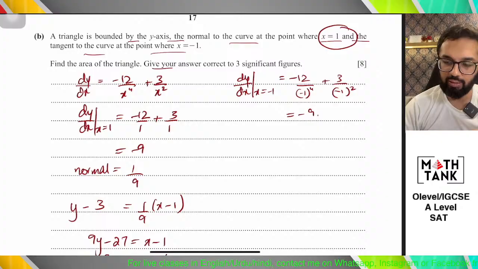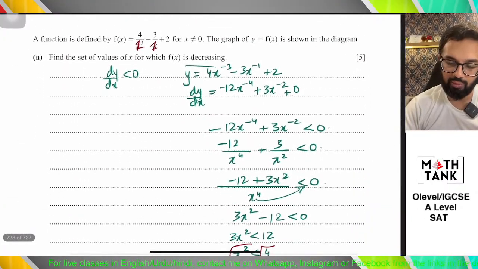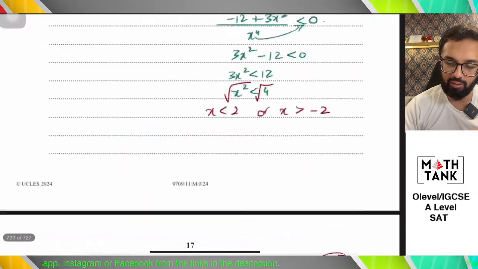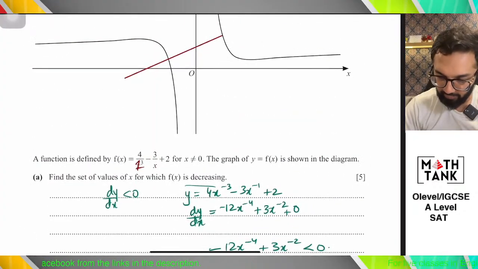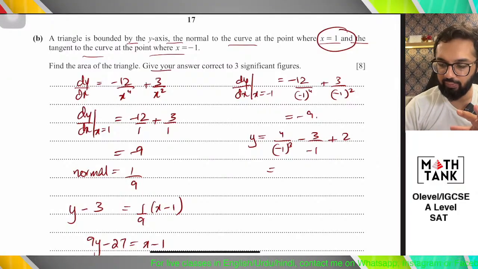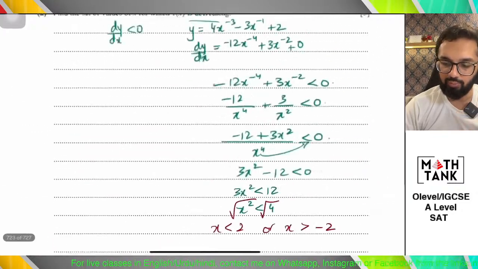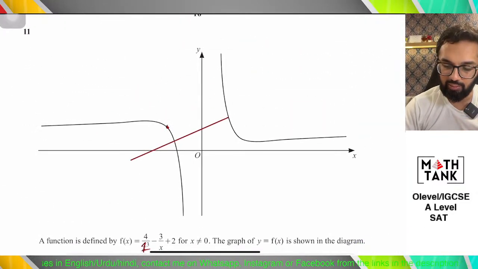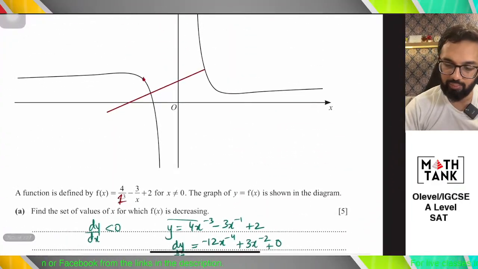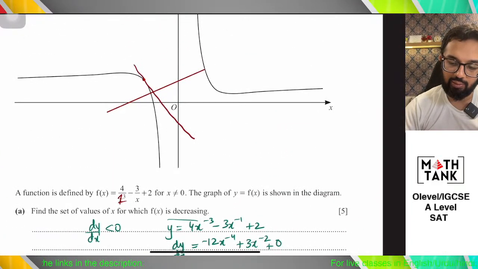This time I want the tangent, so let's find the y coordinate. y equals 4 over minus 1 cubed minus 3 over minus 1 squared plus 2, which gives minus 4 plus 5, which is 1. So that point is somewhere here, and that's the tangent I'm looking at.